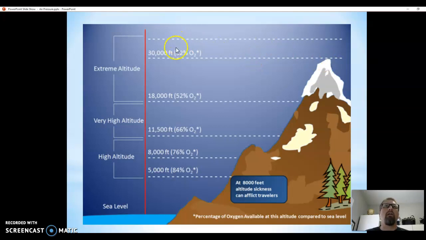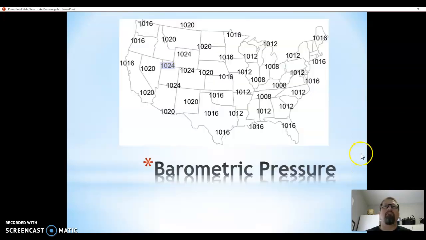There's so little air, and here you see that as the percent of oxygen. Oxygen is not the only constituent of air, but it gives us a good indication of how little there is mass-wise compared to lower elevations.